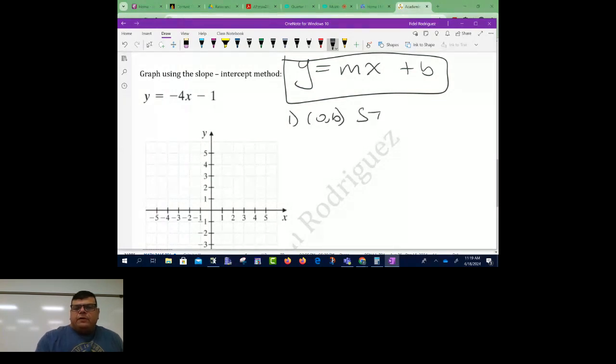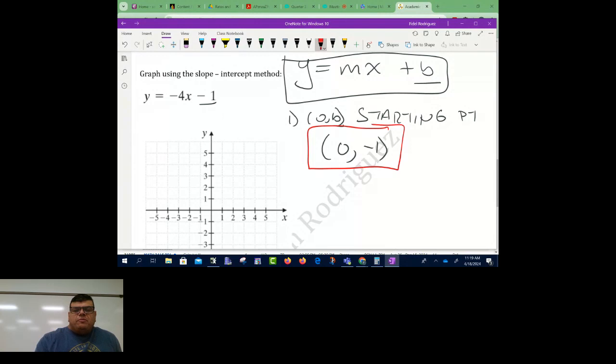This is what I call my starting point. In this case, 0 and b is the number -1. So first thing I'm going to do, I want to know where is the point 0, -1. It means don't go to the left and don't go to the right, and just go down a -1.